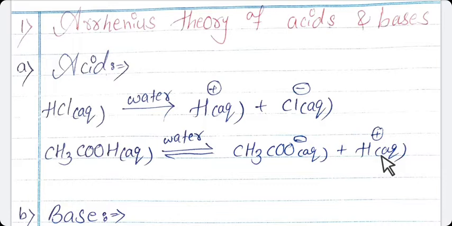It means it is an acid. So hydrochloric acid and acetic acid both contain hydrogen and give rise to H plus ion in their aqueous solution. So according to Arrhenius, the compound which gives H plus ion in its aqueous solution is called an acid.